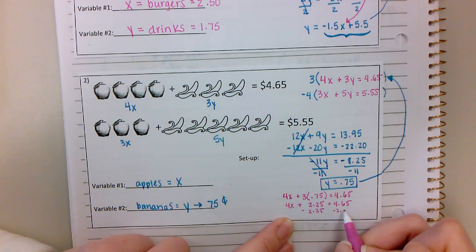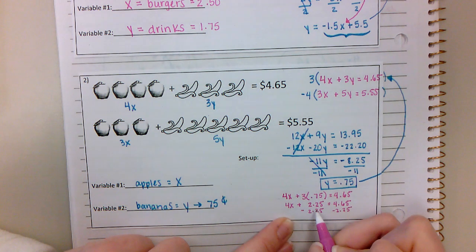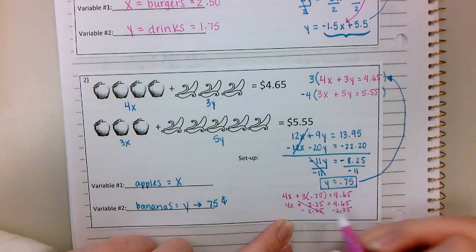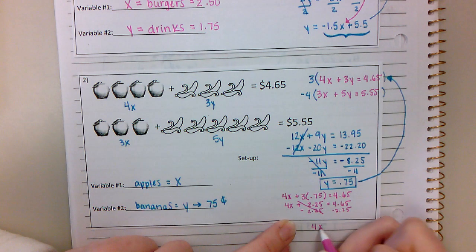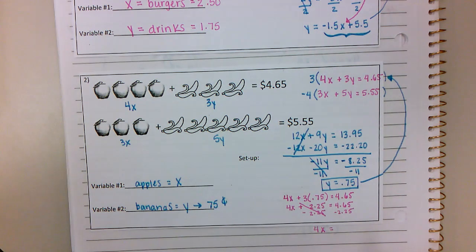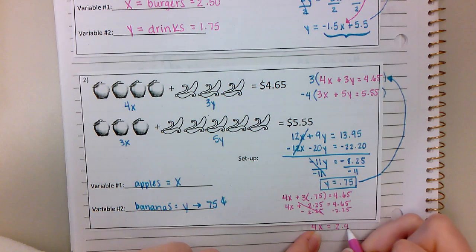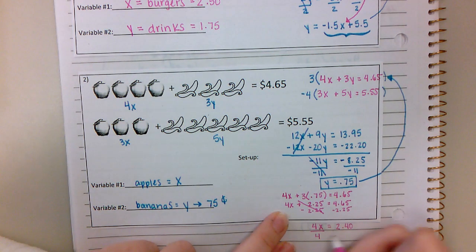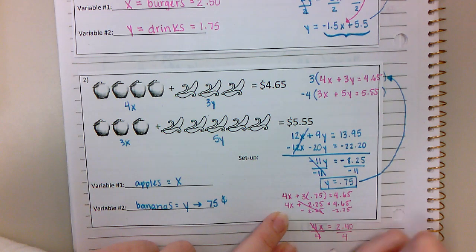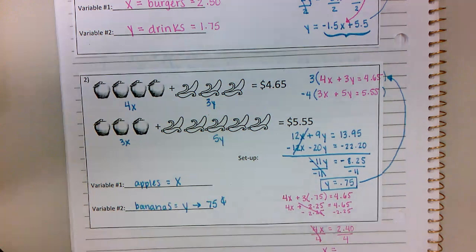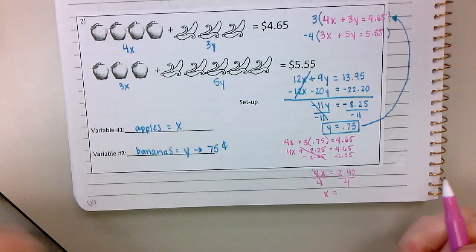So if we take away $2.25 from 4.65, that goes away, leaving 4x to equal 465 minus 225, which is $2.40, and then divide away that 4 that's stuck to your x. I'm running off my paper here.